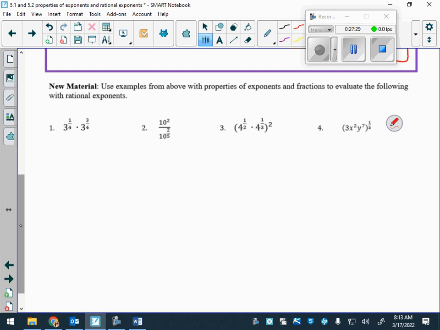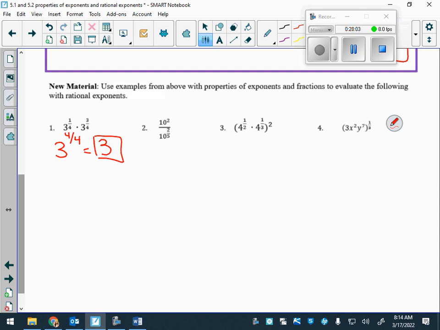Okay? In this first one, what do we do? You add them. So your base 3 stays the same. 4/4, which is just 1. Good. Okay. Number 2. We should be doing what with our exponents? If you see division, what do? Subtract.